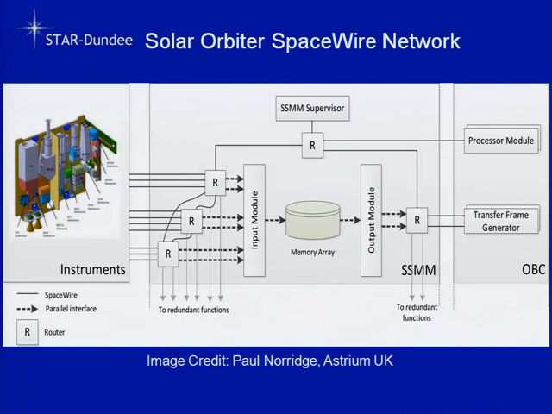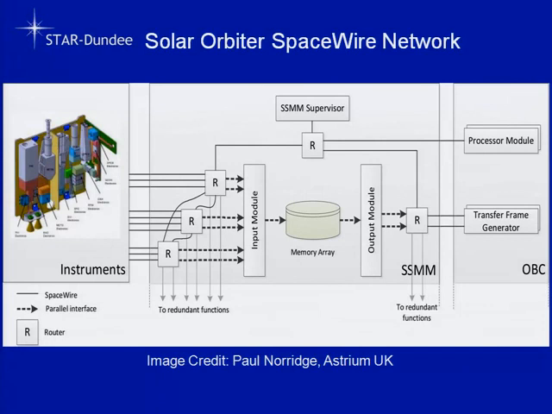So the key thing is this actually shows the architecture. There are all of the instruments, 10 of them, and they basically feed into a number of SpaceWire routers. They then go into this memory unit.